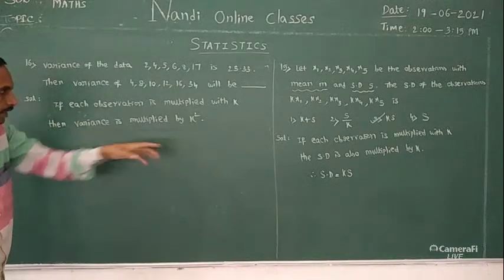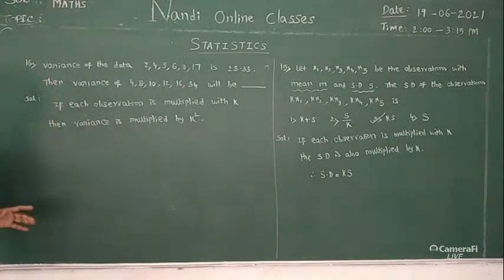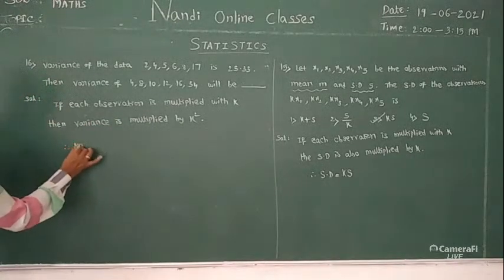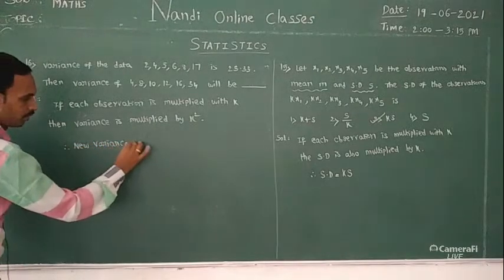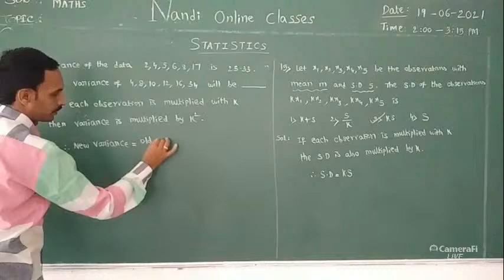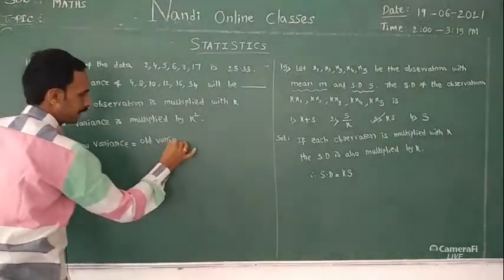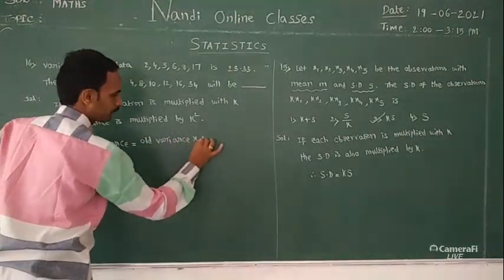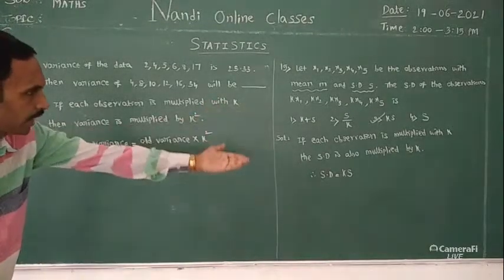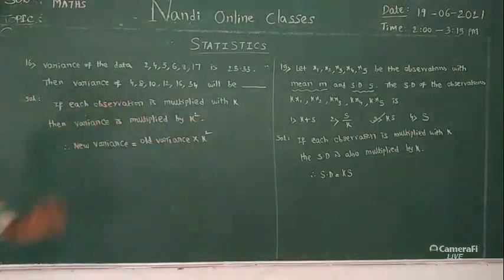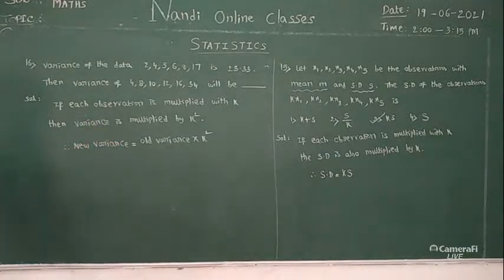Standard deviation is multiplied by k, but variance is multiplied by k square. Therefore, new variance is equal to old variance into k square. Here old standard deviation becomes k into s, and here k square into old variance.